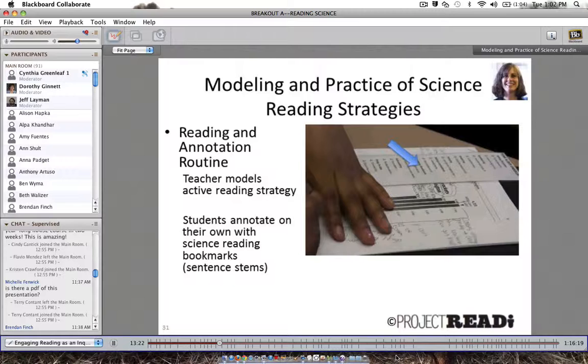And then the teacher will typically give students time to work to annotate the text on their own, using a bookmark of reminders about reading strategies that they can use, which they've worked to develop as a class in prior lessons. You're seeing the bookmark right there with the arrow pointing to it, and you'll have a close-up version later, and there'll be one in your collection for today. Moving on.